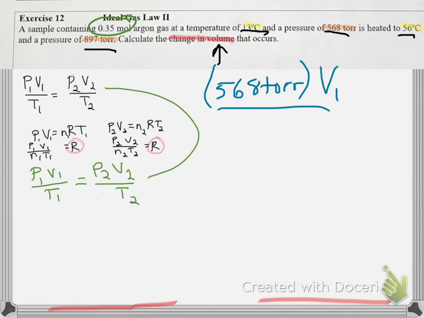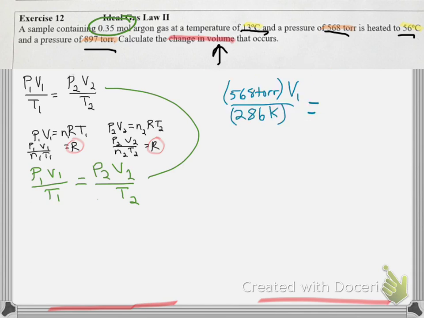Remember, you must convert Celsius into Kelvin. We're told that after we heat it, our pressure changes to 897 torr. Again, we don't know our volume, so our V2 is a mystery. And we heat it to 56 degrees Celsius. Make sure you convert your Celsius into Kelvin.